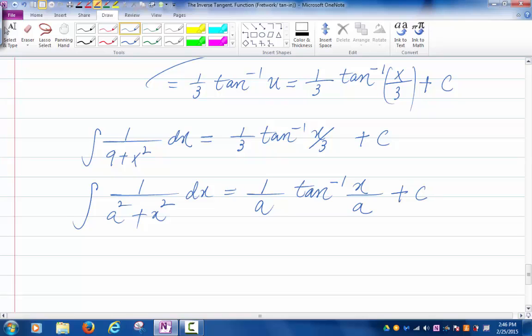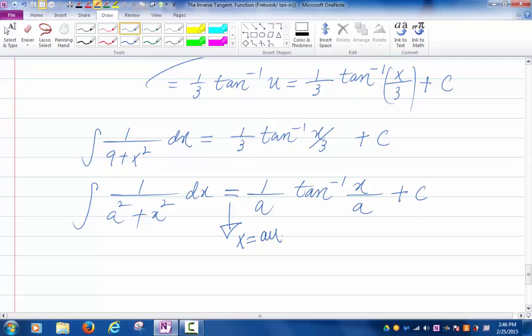Again, you don't have to take my word for it. All you have to do to evaluate this integral is make the following substitution: x equals au. If you make the substitution x equals au and evaluate your integral, you are going to come out with the right hand side, and I'm not going to go over that.